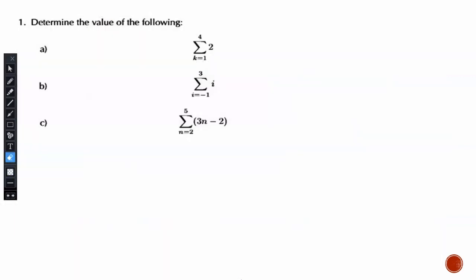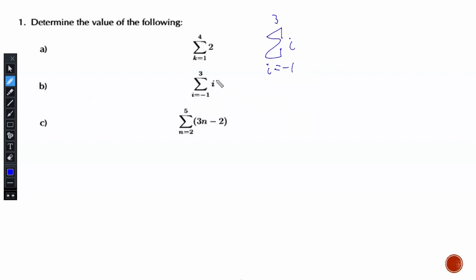Now we have B. It says we have i running from -1 all the way to 3. Now this is pretty simple. We have the sum from -1, and then we have i, and then ending at 3. So that means we have to start substituting our i as -1.